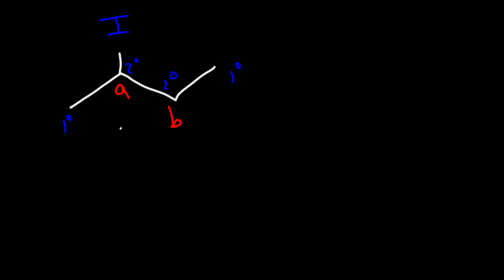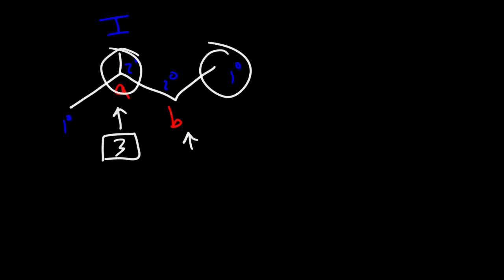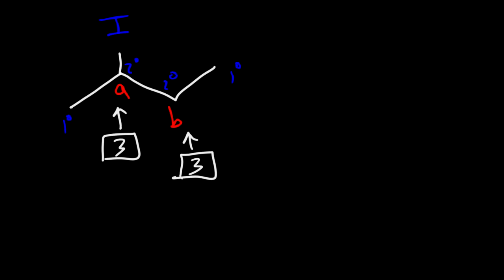So analyzing, carbon A is adjacent to a primary and a secondary carbon, giving it a score value of 3. And looking at carbon B, it's adjacent to a secondary and a primary, which also gives it the same score value. So which one will have the higher chemical shift? It turns out that it's carbon B.